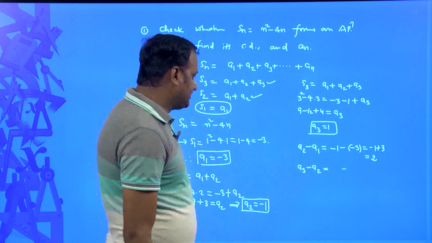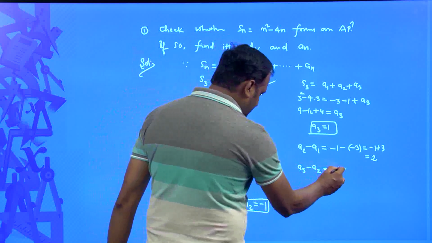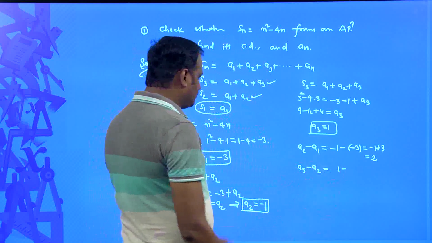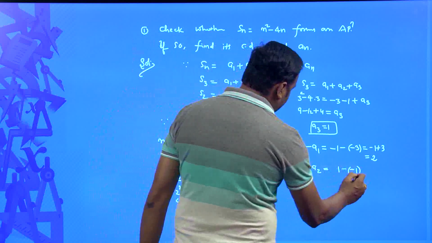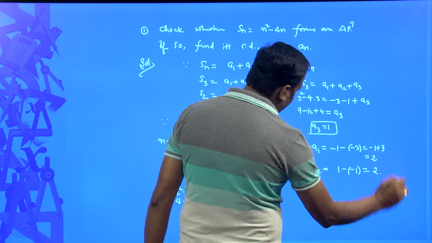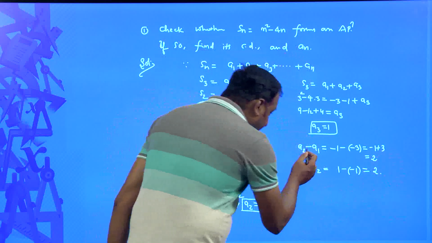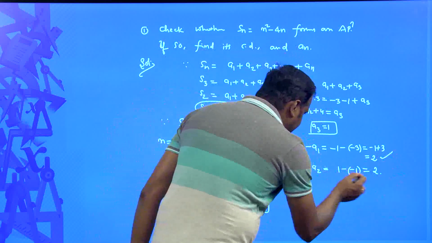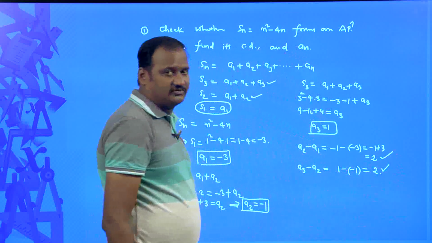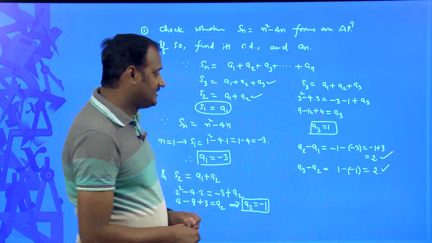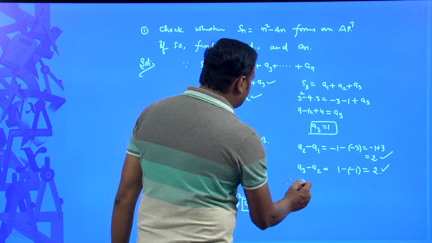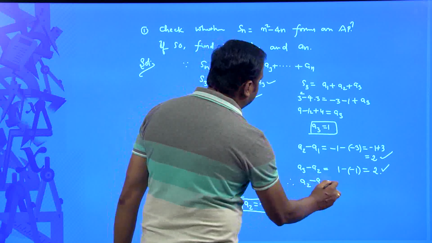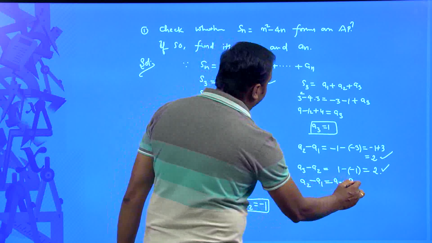Now, a3 minus a2: a3 is equal to 1, minus a2 which is minus 1. So, 1 minus of minus 1 is equal to 1 plus 1, that is 2. Therefore, a2 minus a1 is 2 and a3 minus a2 is also equal to 2. So, what can you say about this? Therefore, a2 minus a1 is same as a3 minus a2.